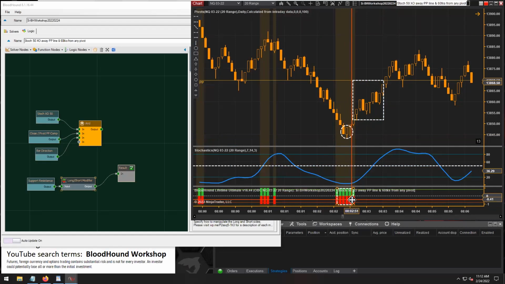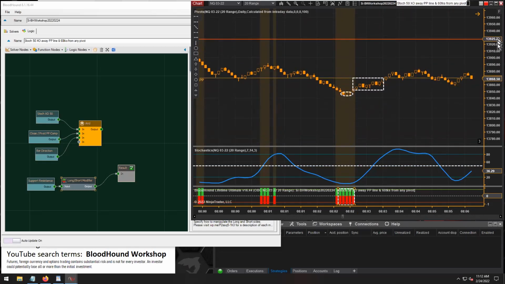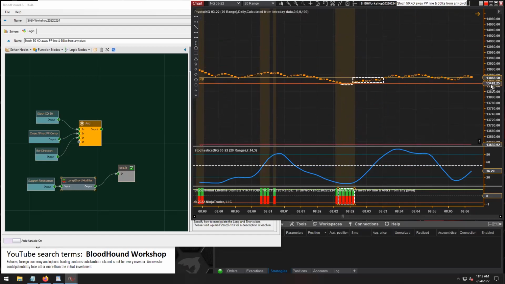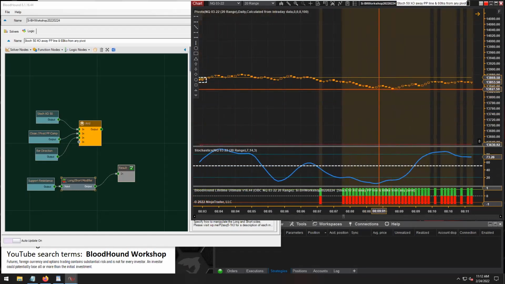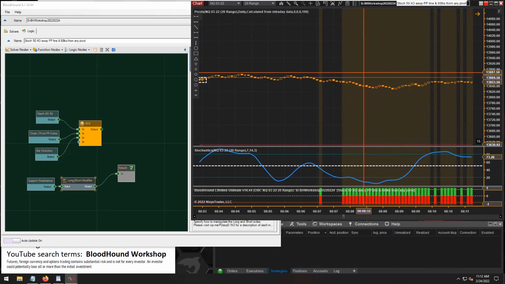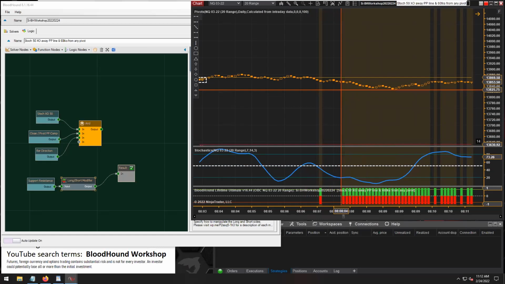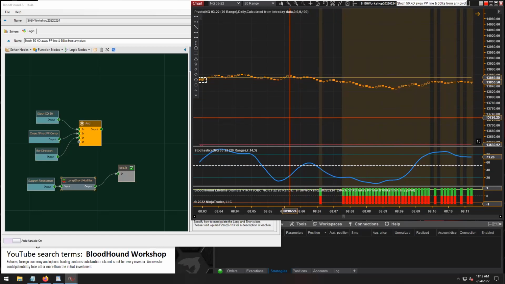So that's what we're looking for, these areas where price is 60 ticks away from the pivot line.